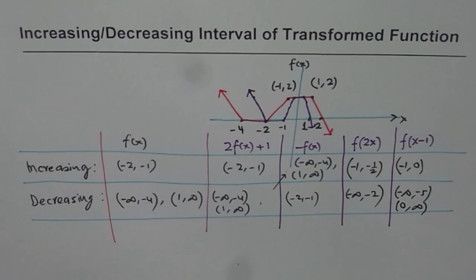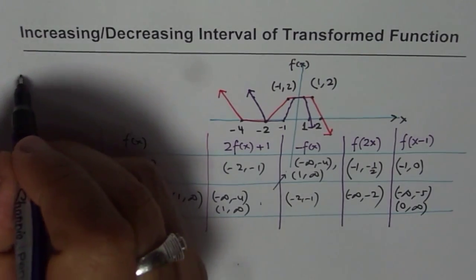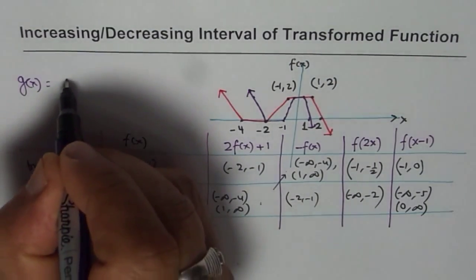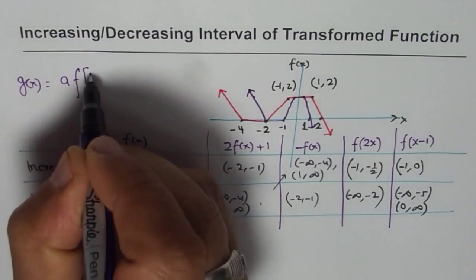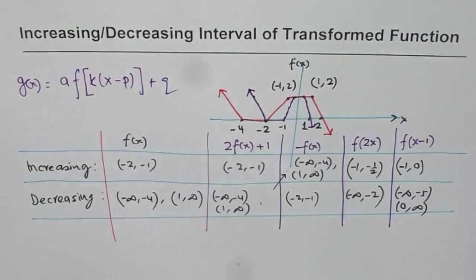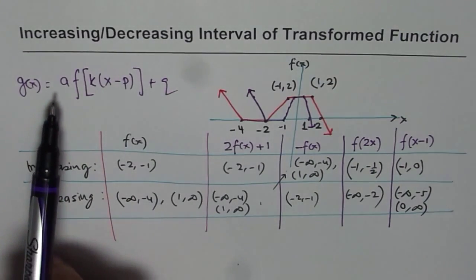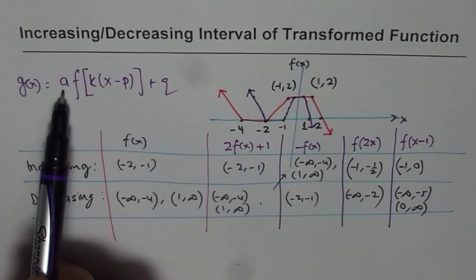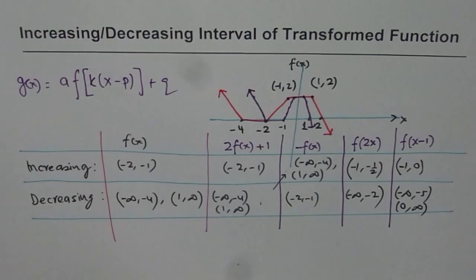I hope with this you understand the effect of all the parameters which are involved in transformation, right? So remember, if we have a transformation g of x, which is a times f of k times x minus p, plus q, in that case vertical stretch or compression really does not affect the increasing and decreasing intervals.